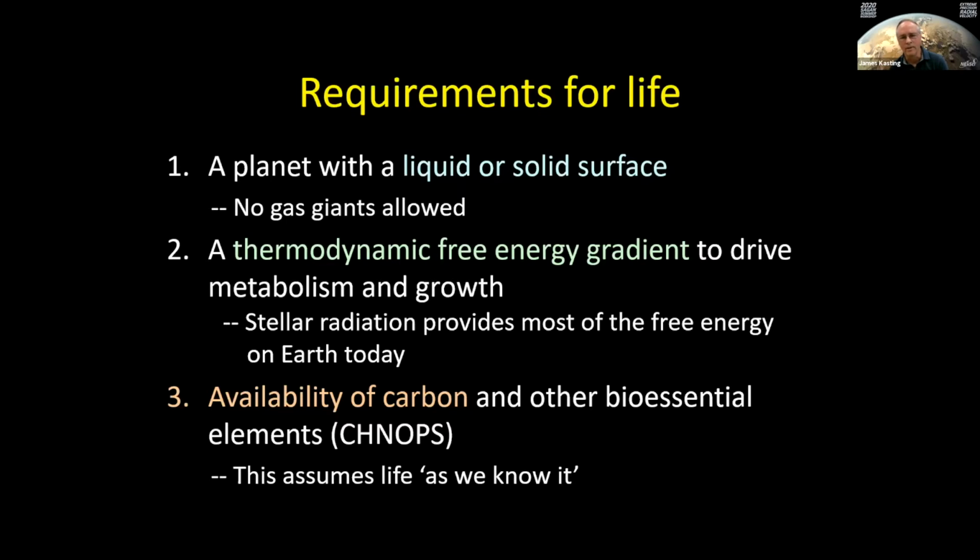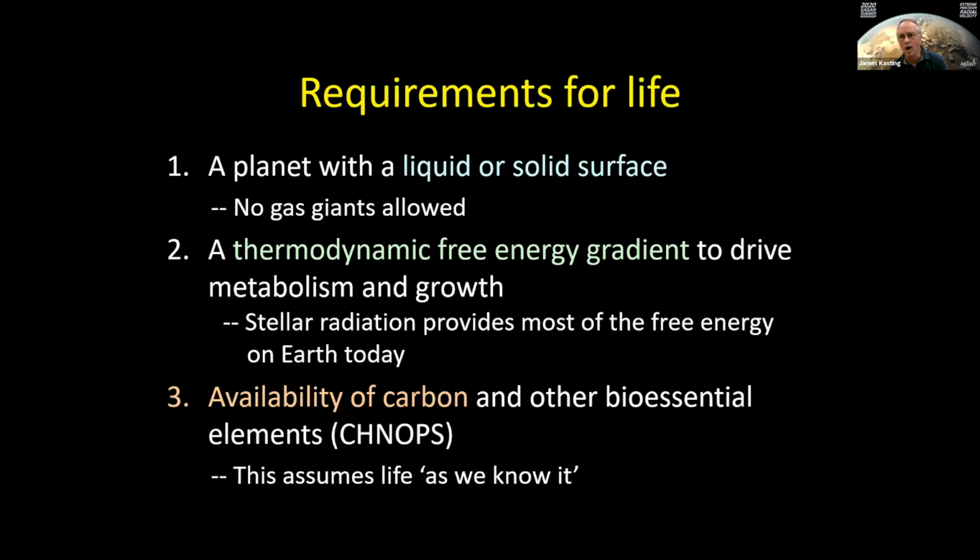The second requirement is you need a thermodynamic free energy gradient to drive metabolism and growth. Stellar radiation provides much of the free energy today, although there are many microbes that get by with chemical sources of free energy. That's also non-controversial. I think any theory of life requires that you have a power source for it. The third requirement that I've listed here is availability of carbon and other bioessential elements.